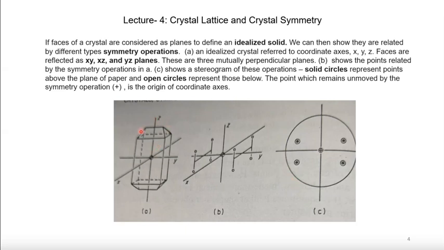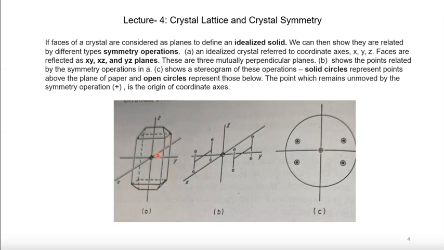Let's now talk about this one. It seems to be a crystal, is it not? So, if we have an idealized solid and it has faces, then we call that an ideal crystal. So this is an ideal crystal.